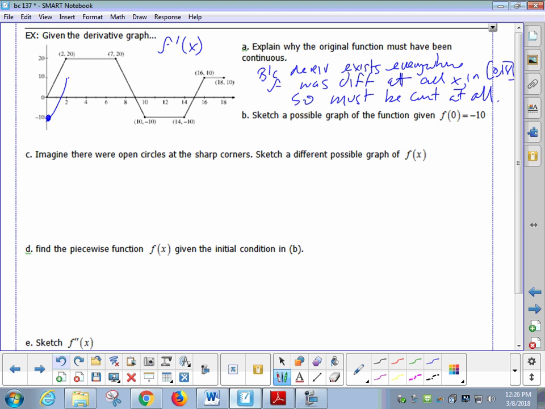So it's going to have a slope of up 20 over 1 till x equals 7. Then what's the shape of the graph from 7 to 10? Concave down. It's a parabola opening down.